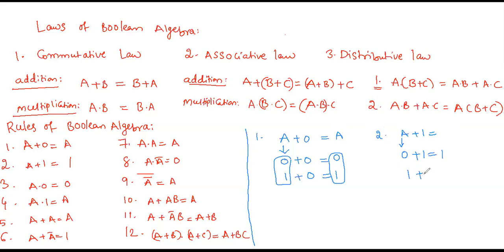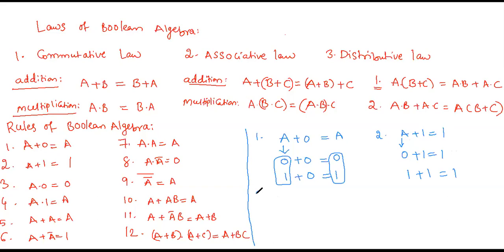Next, A will consider 1. 1 plus 1, in the Boolean addition it is 1 only, not 10. 1 plus 1 is 1 only in the Boolean addition. Now observe, irrespective of the A value, whether it is 0 or 1, we are getting the result as 1. So you can generalize A plus 1 is equal to 1.